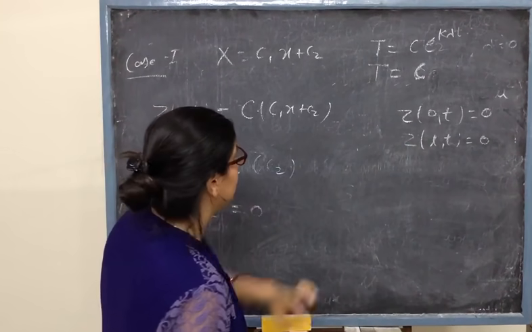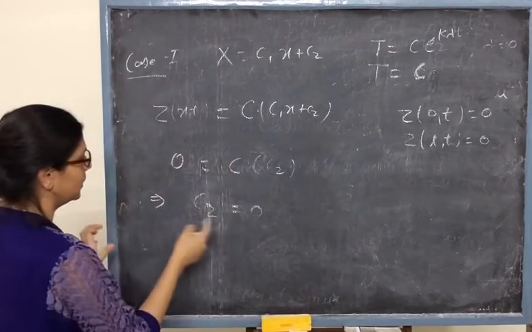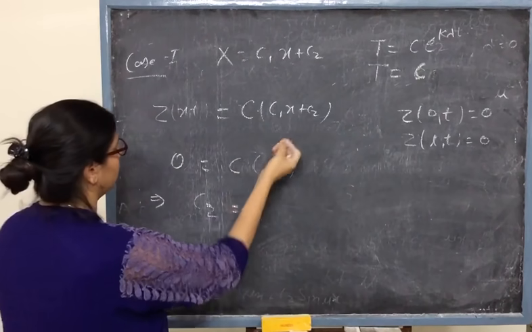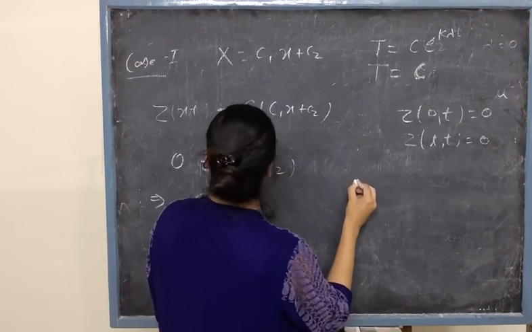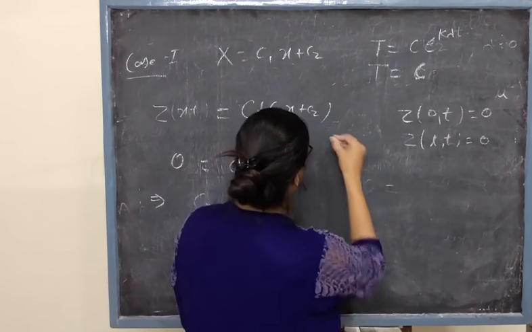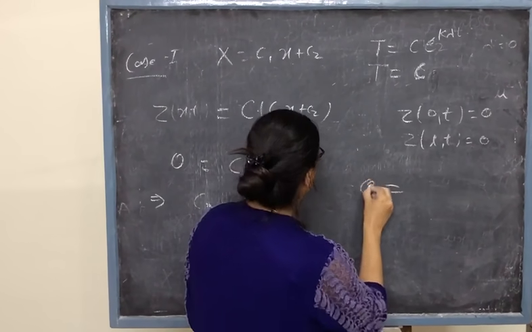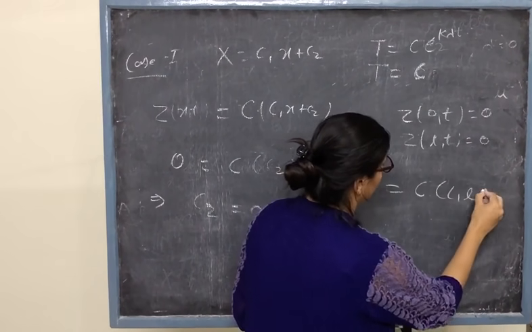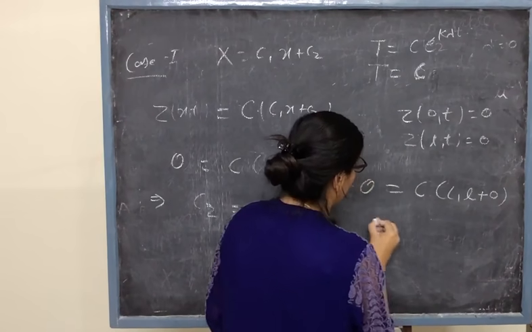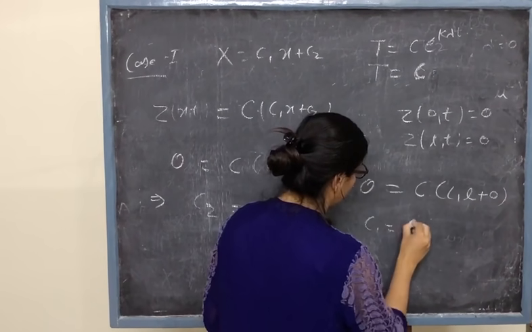And putting the second condition, z of L, t equals 0, here c2 is 0, then what will we get? c1L, c is already 0, c2 is already 0, so c1 equals 0.